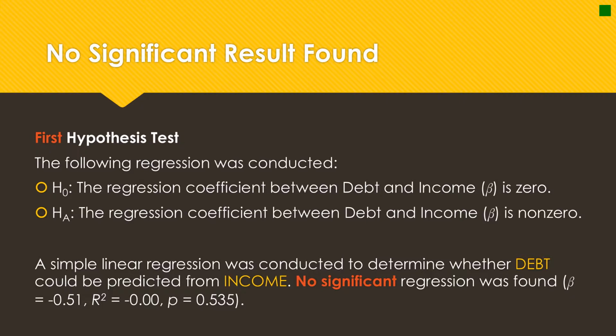If the p-value is greater than the alpha value, no significant relation is found. So we are not going to reject our null hypothesis. We will reject the null hypothesis only if the p-value is less than alpha.